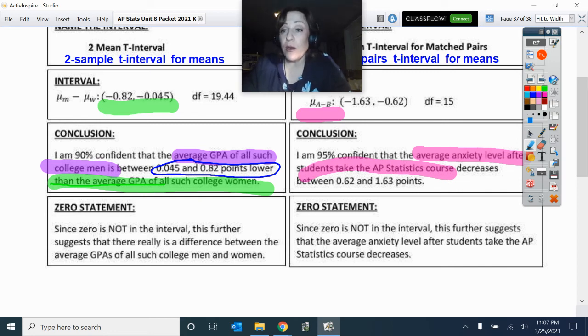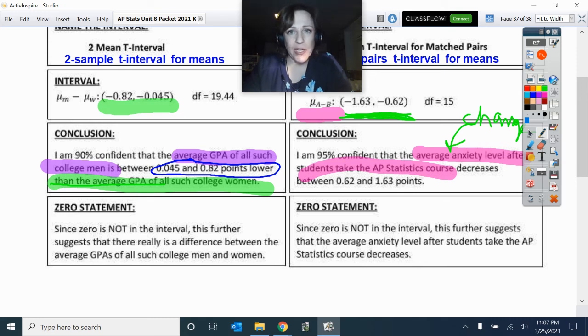It would have been better even if I had said the average change, but by using the words the average after they take the class, it is indicating that change decreases between 0.62 and 1.63 points. See, and it's entirely below 0. So since 0 is not in the interval, this further suggests that average anxiety level after the students take the course decreases. All right. So big deal.